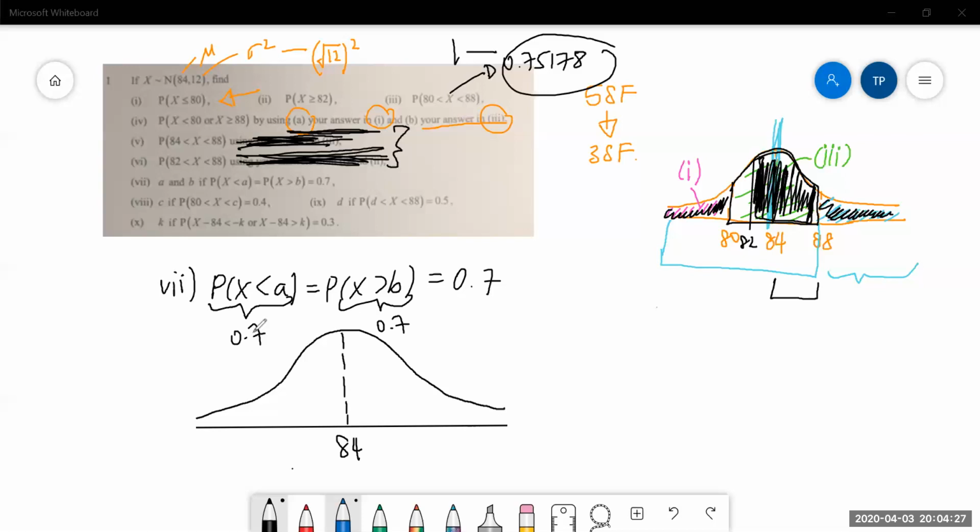So since we know that X lesser than A is 0.7, is A on the right hand side or on the left hand side? Right hand side. Very good. So we know that A will be somewhere here. Then where is B? Is B on the left hand side or right hand side?